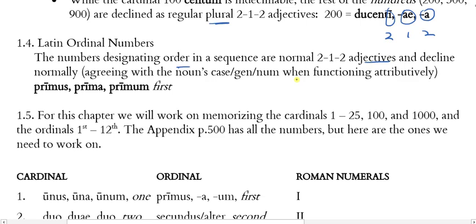As adjectives, they could also function substantively. I ate the first, or ate the first one. I killed the third, or I killed the third one. Right? That's a substantival use of the adjective. And these could also be predicate adjectives. The man was first. The woman was third. Okay, so these are adjectives.